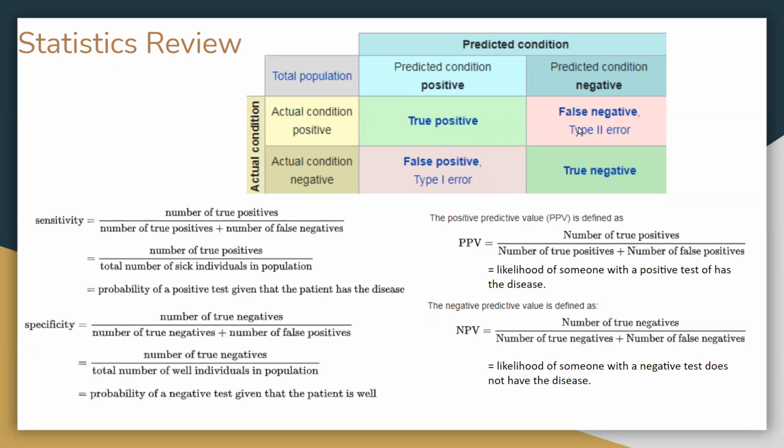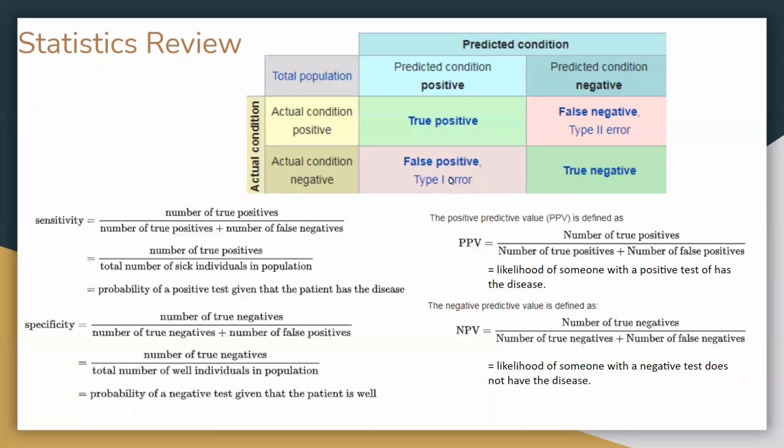So the table that you see above is always divided into the actual numbers: the total population, the number that actually has the condition, and the actual number that does not have the condition, and then whatever test or intervention that you have up at the top. True positives are defined as people who test positive, who are actually positive for the condition.